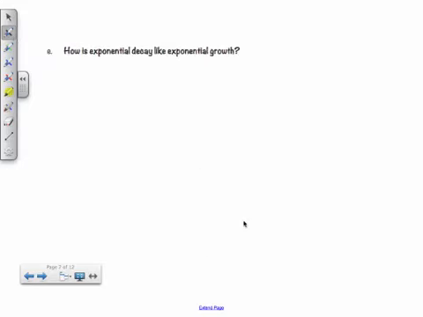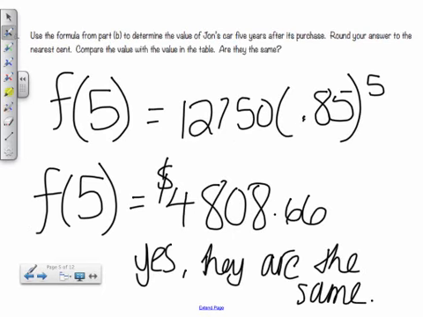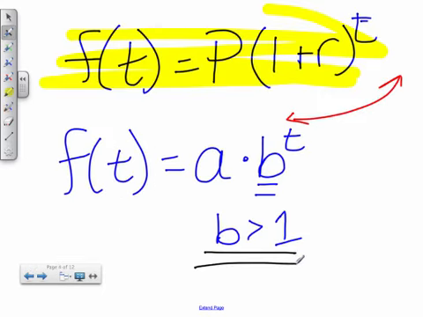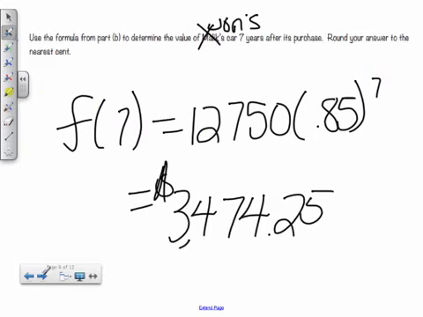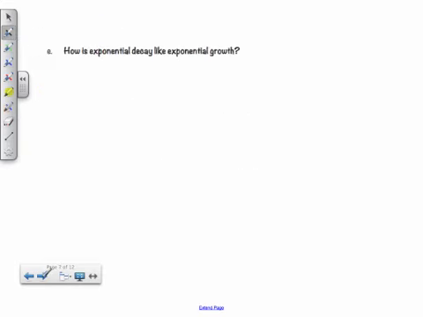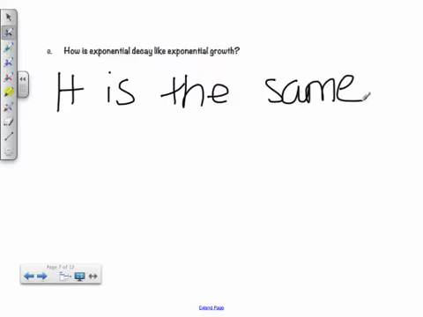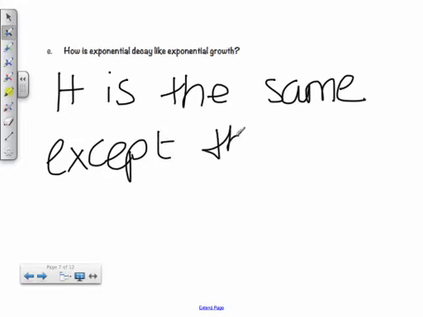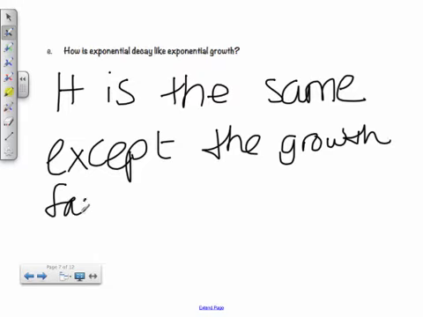So how is exponential decay like exponential growth? It's basically the same thing, except instead of a b value greater than 1, like we talked about right here, the b value is going to be less than 1. It is the same, except the growth factor is less than 1 as opposed to greater than 1.